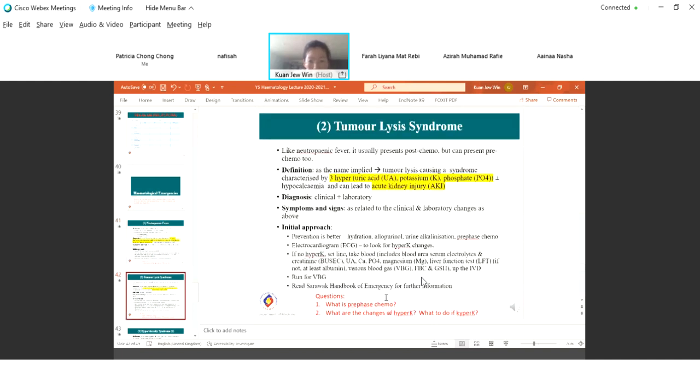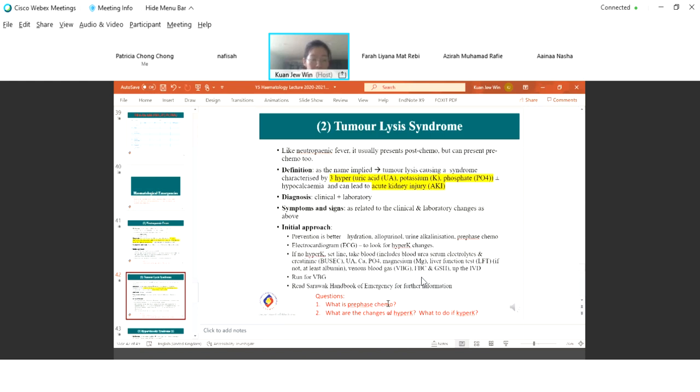So pre-phase chemo is the chemo that is something like warming up. It's a very mild dose before they go into the proper chemo, because we do this kind of pre-phase chemo in certain hematological cancer in order to prepare the patient for the proper chemo.